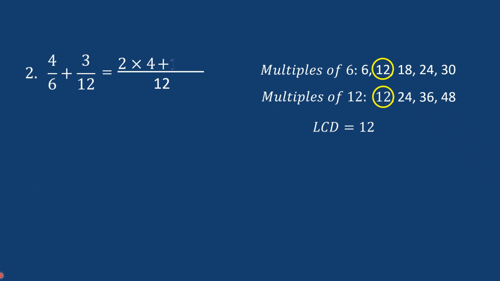Then plus 1 times 3. This is now equal to 2 times 4 is 8. Then plus 1 times 3 is 3. So plus 3 over 12. 8 plus 3 is 11. So the answer is 11 over 12.